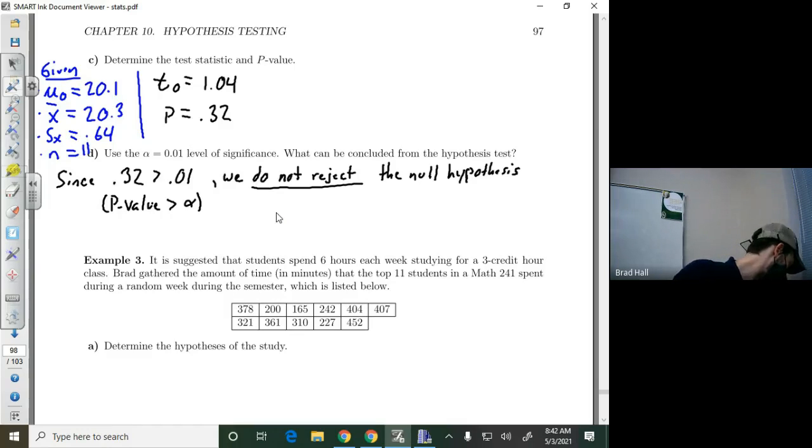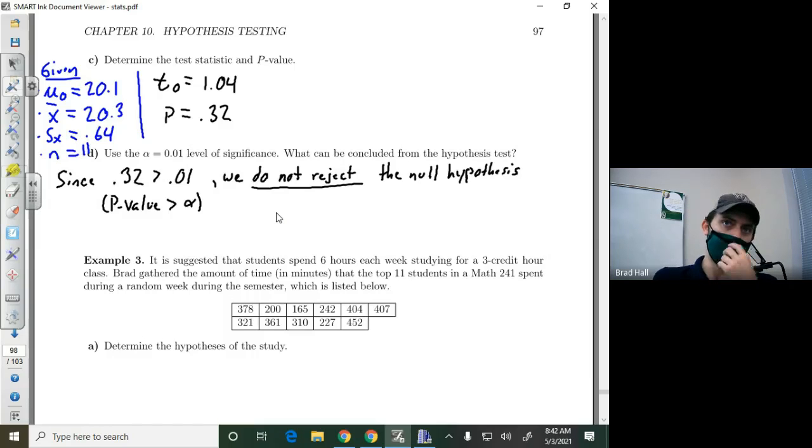Again, let me match their wording. So you would say that there is sufficient evidence to change the calibration. Well, let's think about what this is saying. Since we're not rejecting the null hypothesis, the null hypothesis says that everything's working fine.